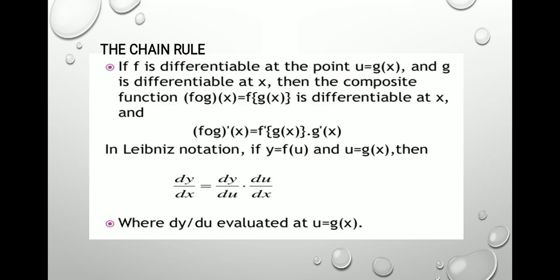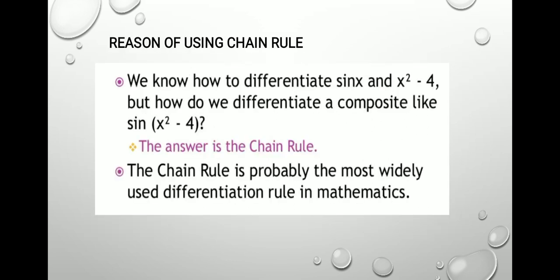In Leibniz notation, if y is equal to f of u and u is equal to g of x, then dy over dx is equal to dy over du times du over dx, where dy over du is evaluated at u is equal to g of x.